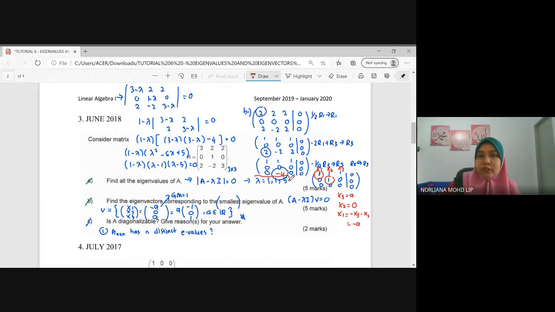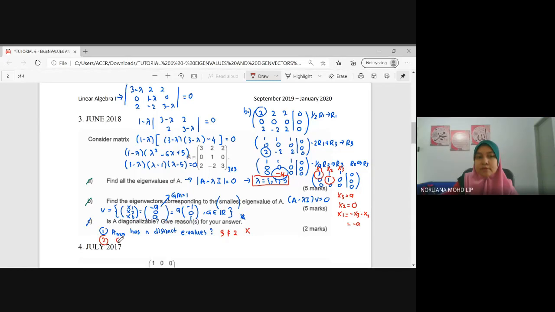Sepatutnya ada 3 different eigenvalues. Kat sini ada 2 je. So tak boleh lah, 3 does not equal to 2 distinct eigenvalues. So kita tak boleh gunakan proof untuk first condition ni. Kita kena gunakan yang second condition. We must use the second condition.